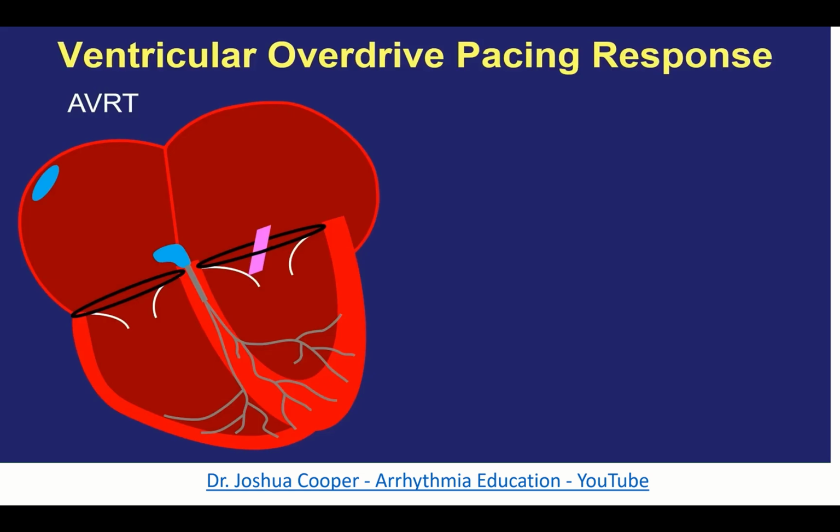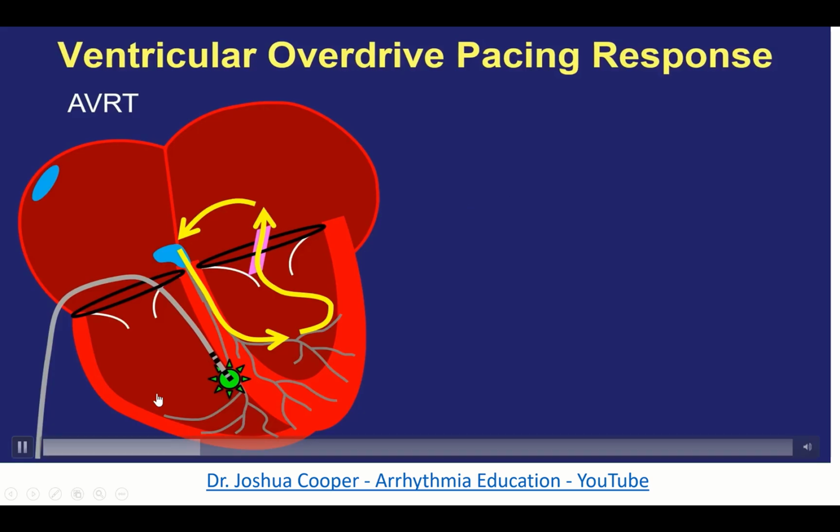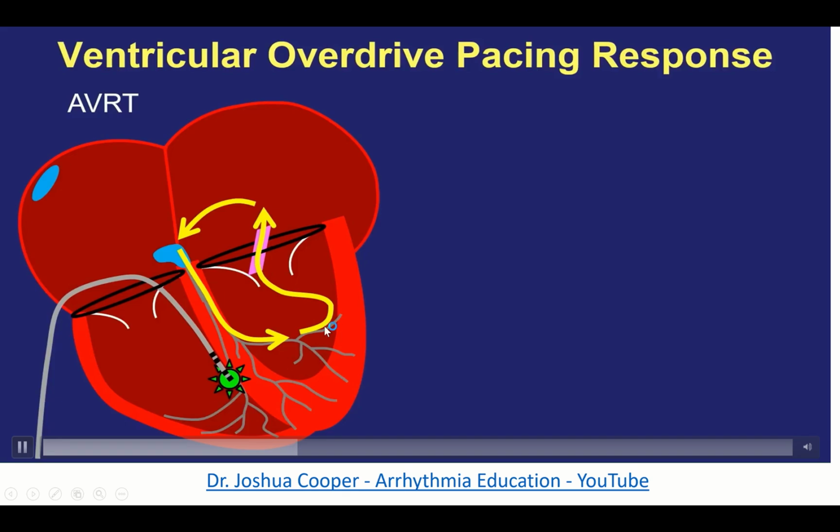It's a VA-A-V response in atrial tachycardia. To understand why AVRT gives a VAV response, let's see the orthodromic tachycardia, where the impulse comes from the atrium, through the AV node to the ventricle, and retrograde through the accessory pathway. Let's pace from the RV. This is the RV catheter. When we start pacing, there is ventricular activation and retrograde conduction to the atrium through the accessory pathway.